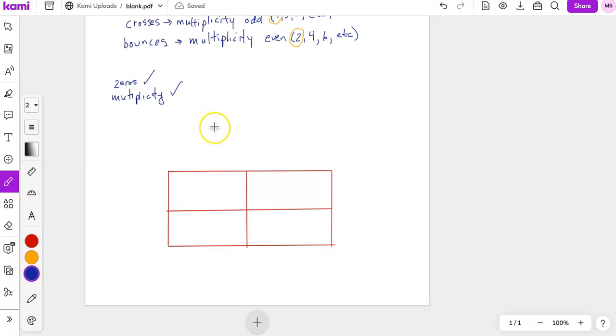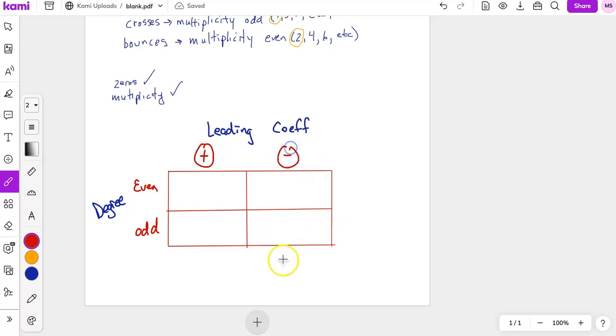When you look at end behavior, you have to look at the leading coefficient, and then you also have to look at the degree. Now, the degree could be even or it could be odd. And then the leading coefficient could be positive or it could be negative.